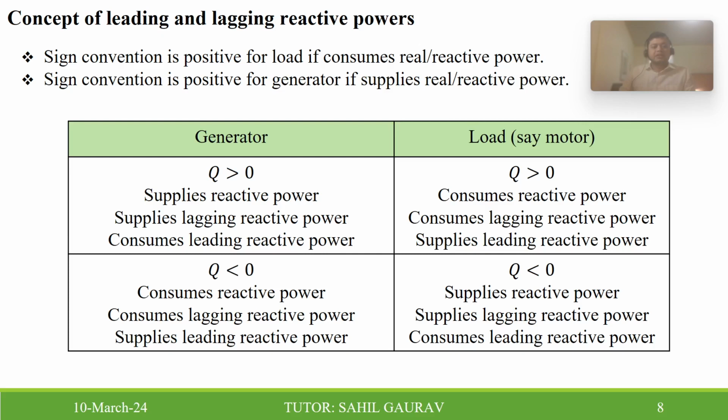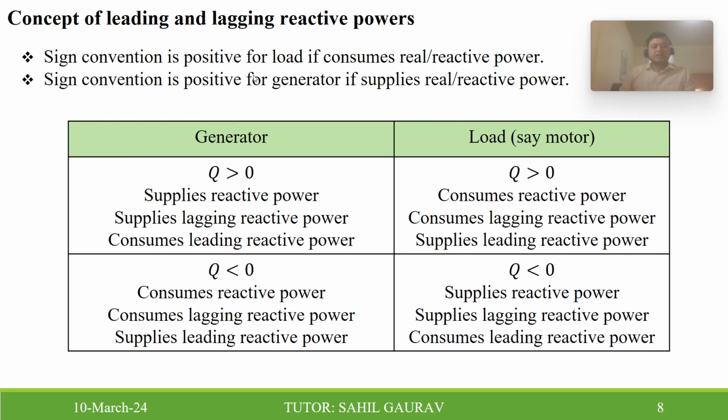Yes, you can take the synchronous generator here as an example. For a generator, if Q is positive, it supplies lagging reactive power. But for a load, it does not mean that it supplies lagging reactive power, because it is consuming. So it just reverses between the generator and the load case. Here I have written it that way, based on the basic nature of load and generator, so in that way the sign convention has been assumed.